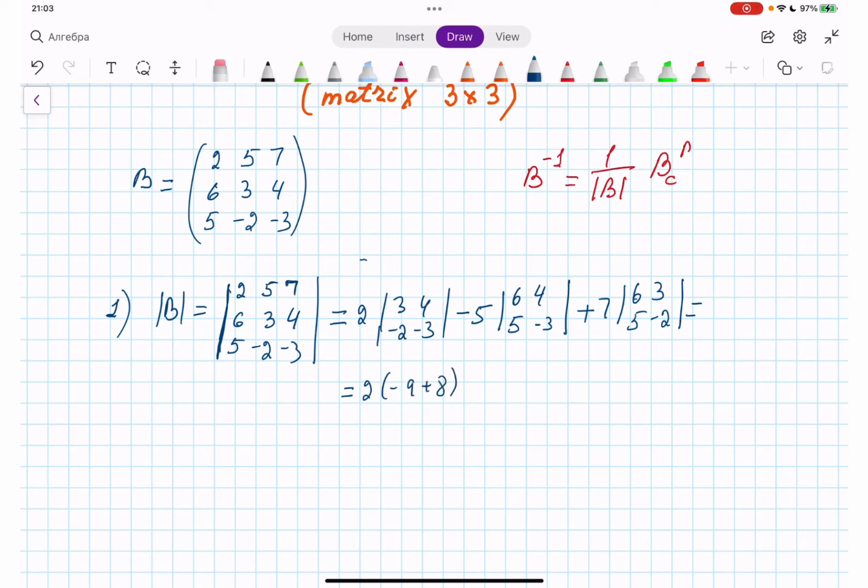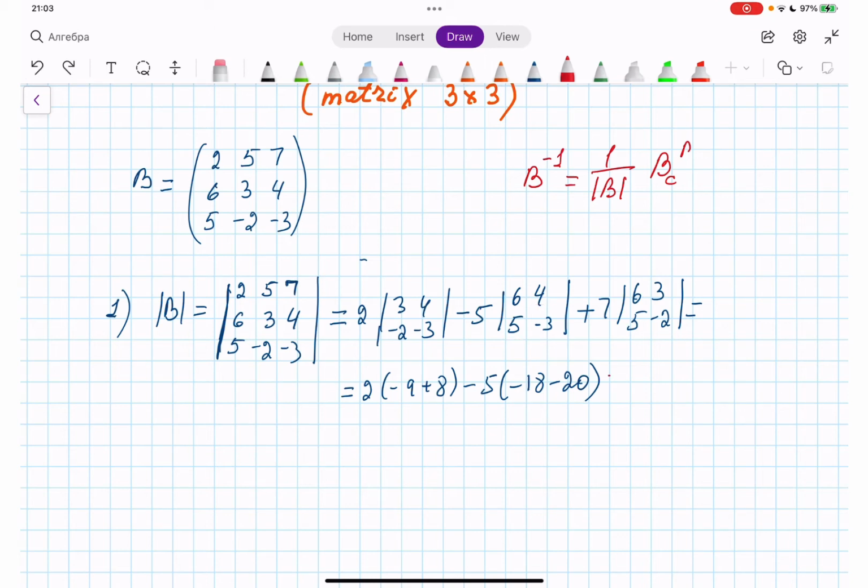-9 plus 8, minus 5, -18 minus 20. We are just finding the determinant for a 2 by 2 matrix, which means we multiply the first diagonal and then subtract the second diagonal product. In this case 6 times -3 gives -18, and then minus 4 times 5 gives -20, negative because we subtract.